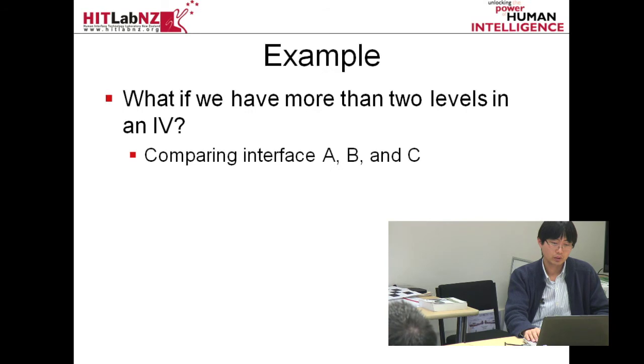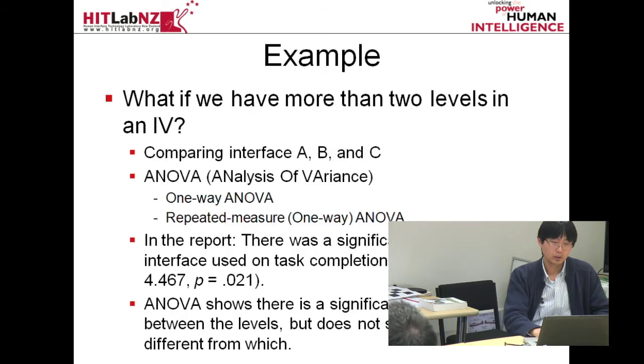So again, if there's more than two levels in your independent variable, then you'll have to use ANOVA. And there are a lot of different types of ANOVA analysis, depending on your number of independent variables and depending on your study design, whether it's within subject or between subject.